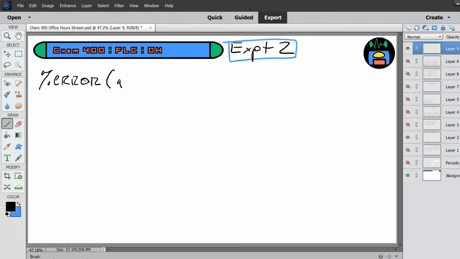For calcium. Percent error for calcium. So we have the absolute value of our correct value, which for calcium is 36.11, minus my experimental 37.91, over the correct 36.11, times 100.